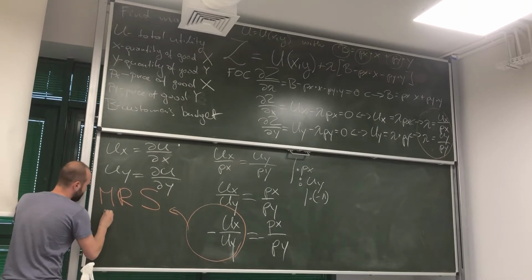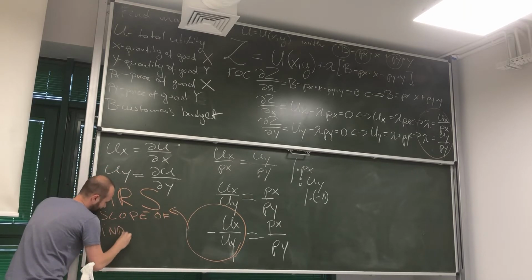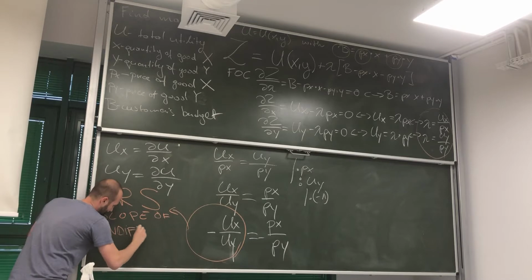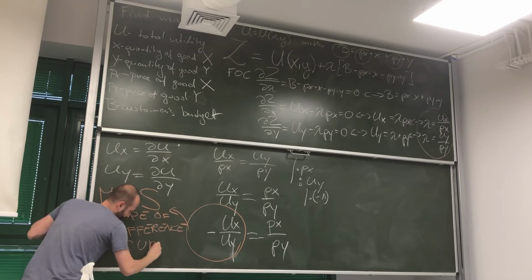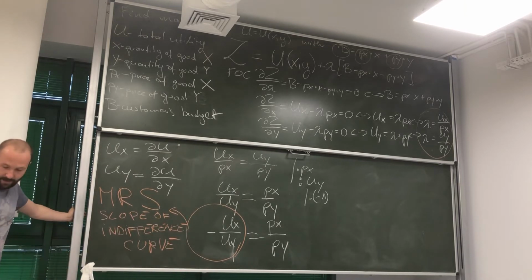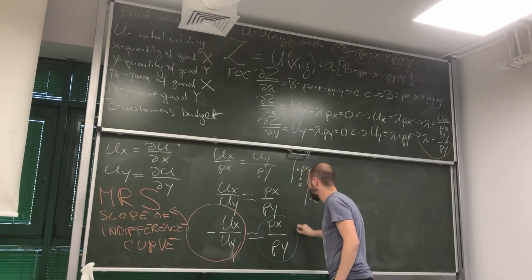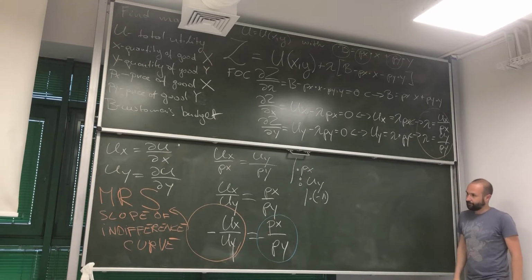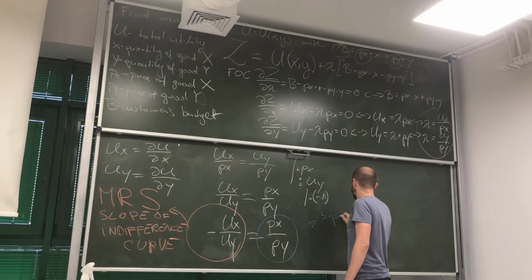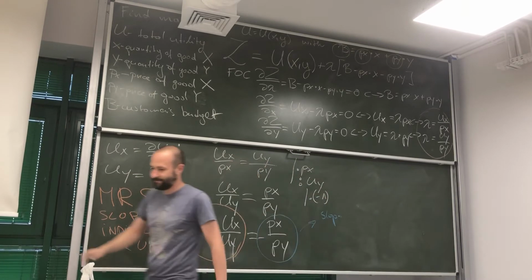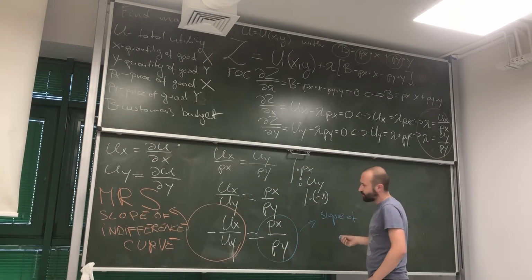This is simply the slope of indifference curve. And over here, negative px over py, this is nothing more than the slope of the budget constraint.